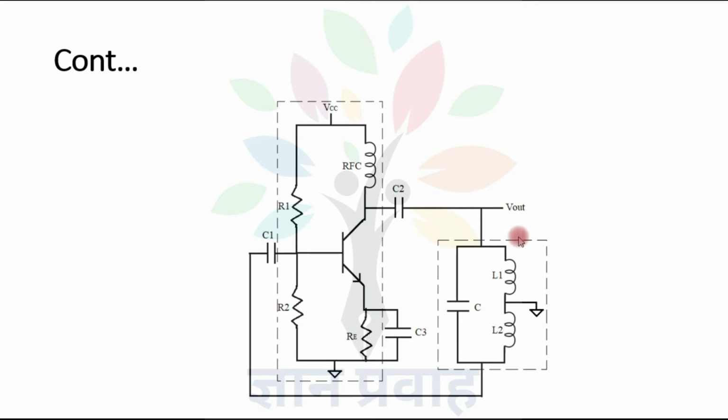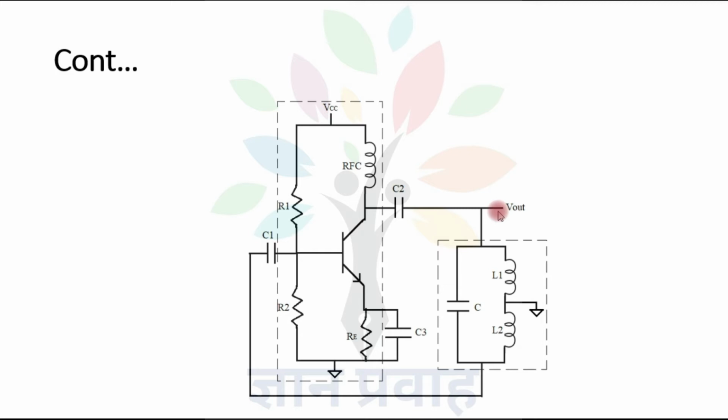Inside this tank circuit there is one capacitor and two inductors, connected in this form so that it provides 180 degree phase shift. And here we are using one NPN transistor in common emitter configuration, and this amplifier provides 180 degree phase shift. So at the output of this configuration we get 360 degree phase shift.